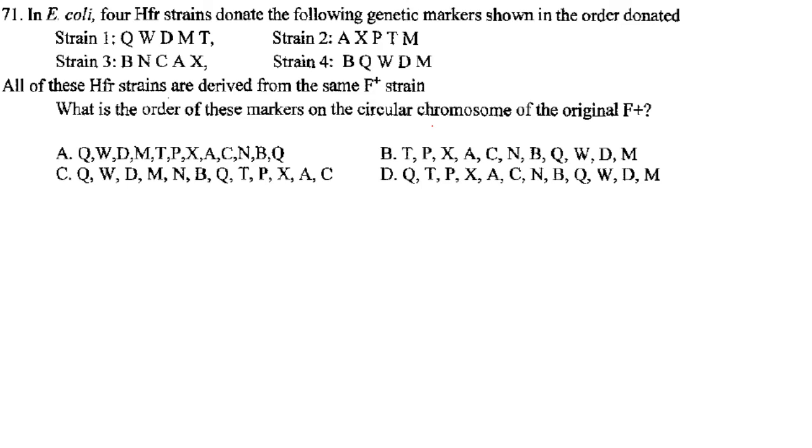Next one. In E. coli, 4 HFR strains donated the following genetic markers shown in the order donated. Strain 1 donated QWDMT, strain 2 AXPTM, strain 3 BNCAX, and strain 4 BQWDM. All of these HFR strains are derived from the same F plus strain.